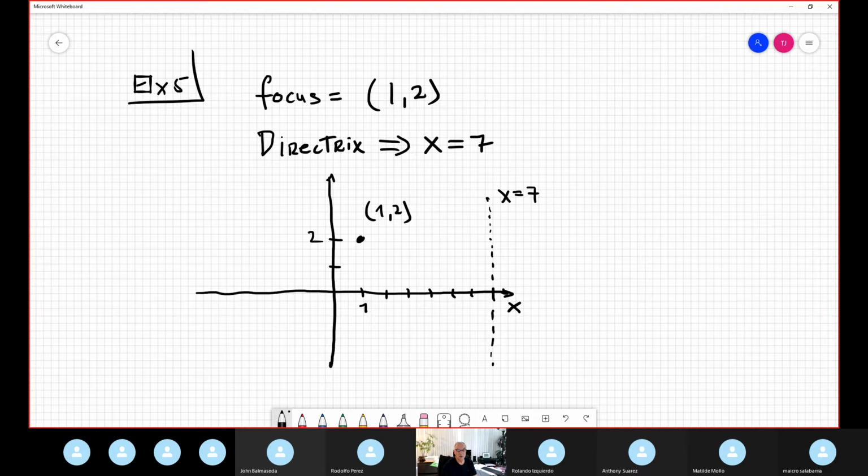So this distance is 6, no? Because 7 minus 1 is 6. And this distance is 2p, remember. We have here the focus.